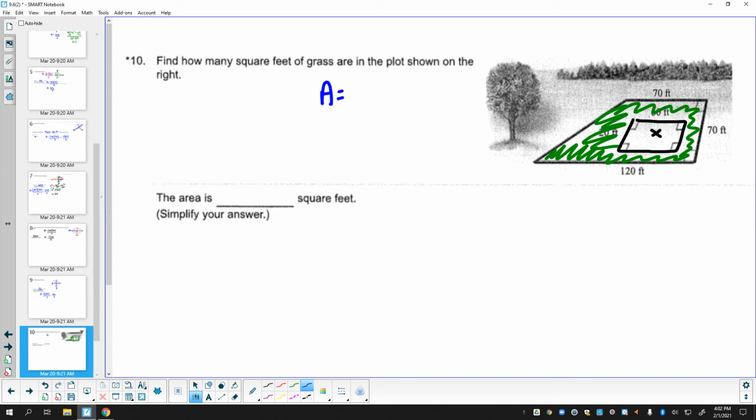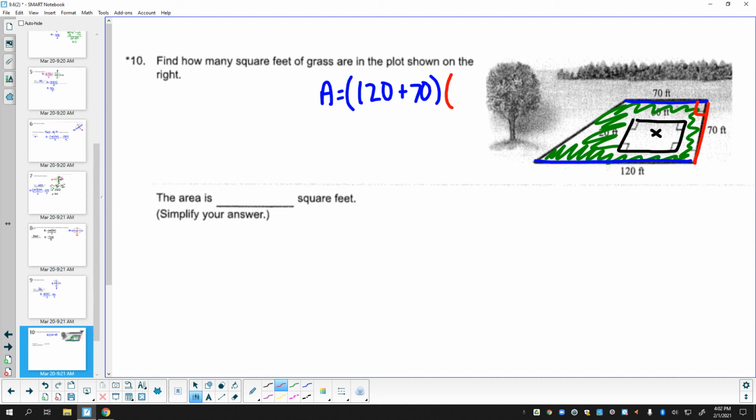Okay, starting out, we are going to add up our bases, which in this case are 120 and 70. And I'm going to multiply it by the height. So 120 plus 70 times the height. Now, the height in this case is this 70 right here. It does look like a slanted side, but this right angle tells us that it is not.